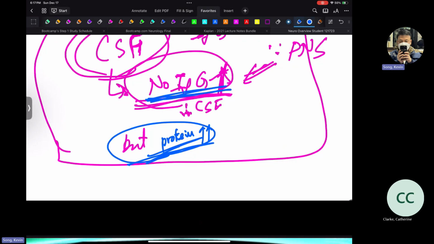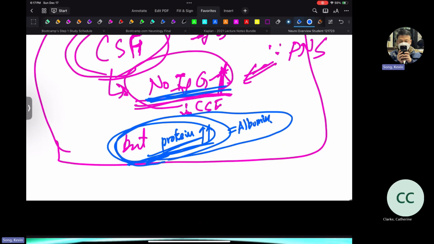Albumin means protein, but no inflammatory cells. The reason that albumin level increases is that there is an inflammation, right? Infection occurs, and the body tries to fight the infection, the bacteria.